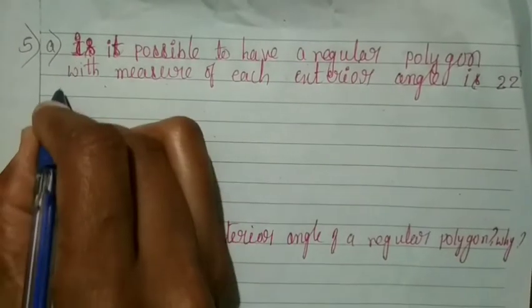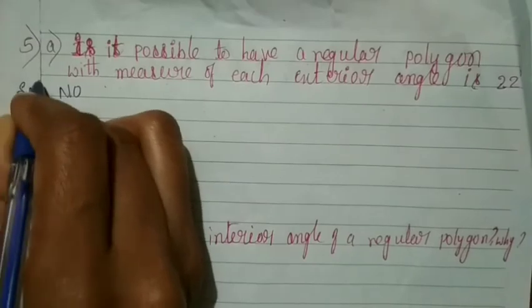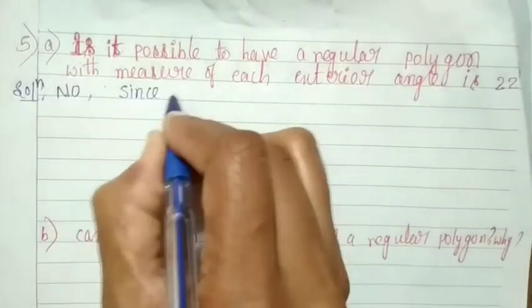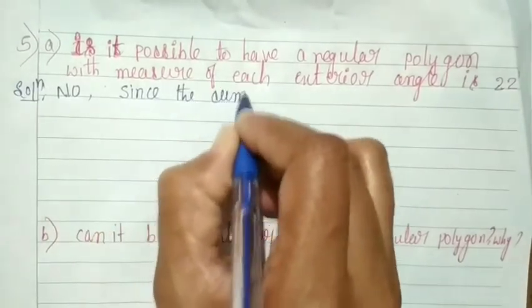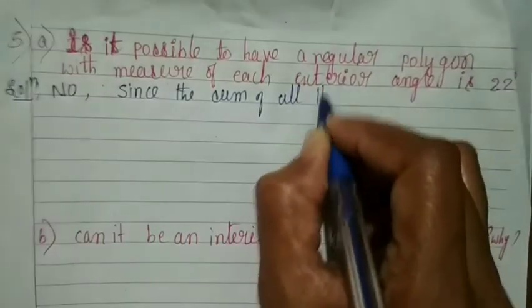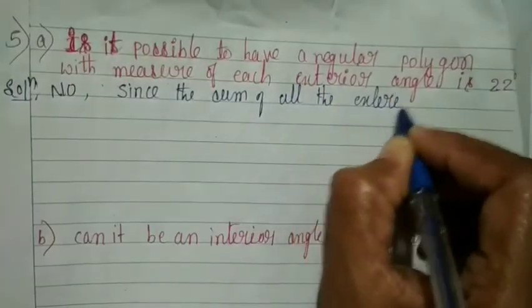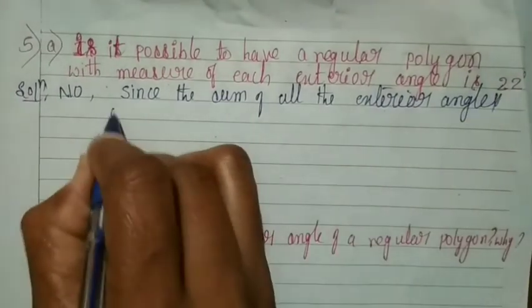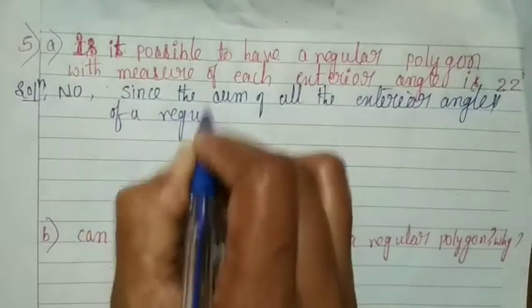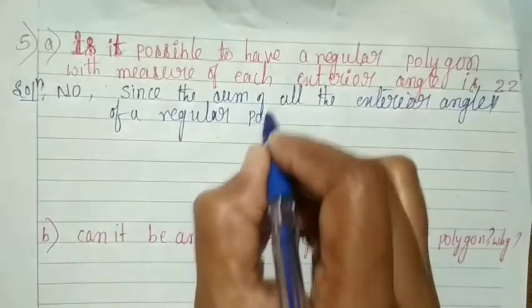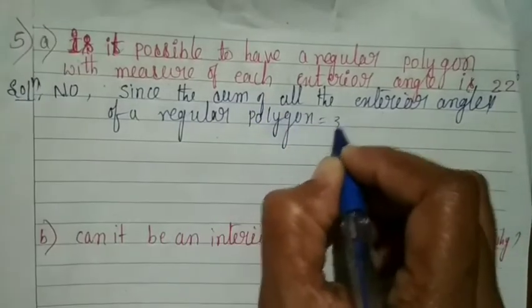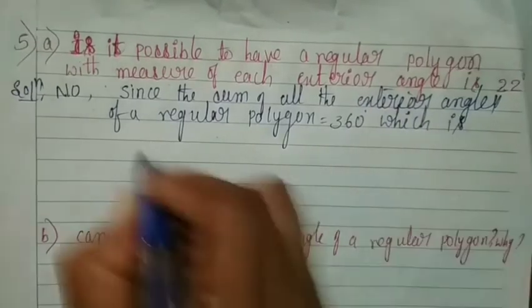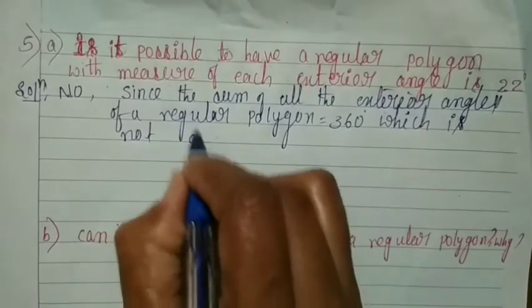No, since the sum of all the exterior angles of a regular polygon is 360 degree, which is not divisible by 22 degree.